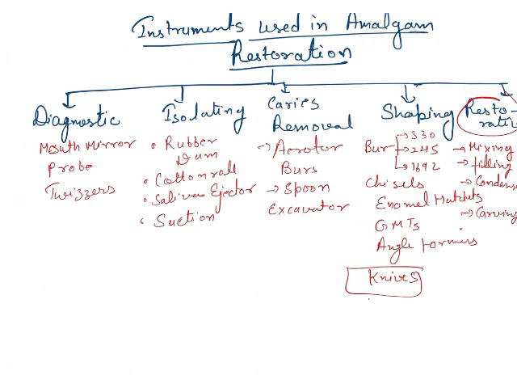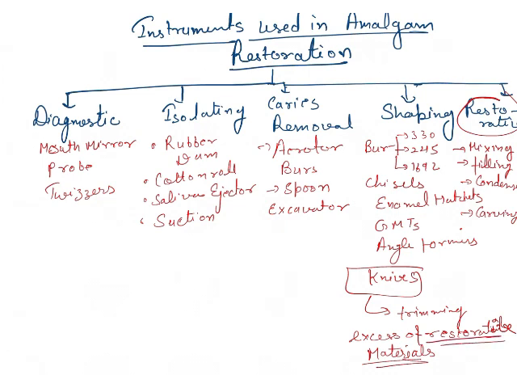If we talk about the various types of knives which are used in amalgam carving, these are used in trimming the excess restorative material. These excess restorative materials are going to be removed from the proximal surface generally.